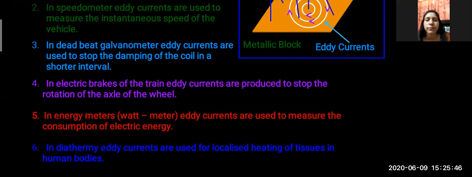Each sheet is electrically insulated from the other by insulating varnish. Such a core is called a laminated core. The planes of these sheets are arranged parallel to the magnetic field so that they cut across the eddy current path. So the large resistance between thin sheets confines the eddy currents to individual sheets. Hence eddy currents are reduced to a large extent. I hope this is clear to you.